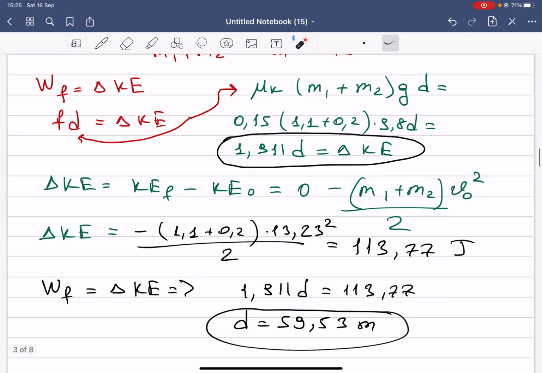By plugging in the numbers, we find that the change in kinetic energy is 113.77 joules, okay. This negative sign means that the work done by friction will also have a negative sign. So by taking it this way, we have the work done by friction, this number multiplied by the distance, equal to the change in kinetic energy. By dividing, we get that the object will move 59.53 meters before it stops.